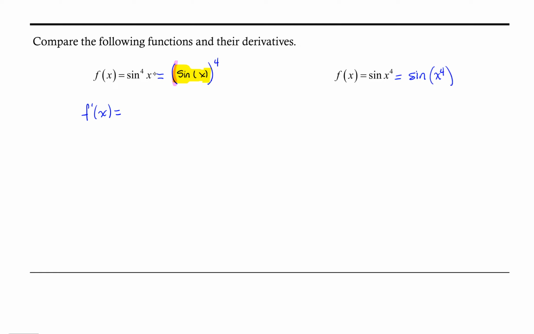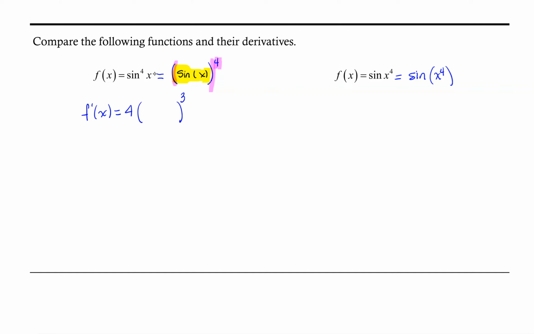Our outer function is this raising to the fourth power. So when we evaluate our derivative, we're going to be using the power rule, and so we'll have 4 times something raised to the third power.